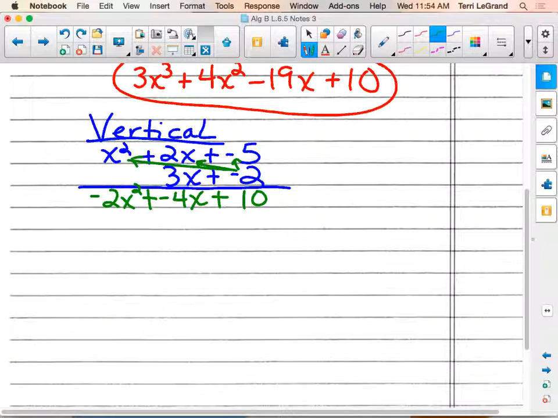Okay, would somebody go put theirs up there for me, please? Thank you. Just the second line.